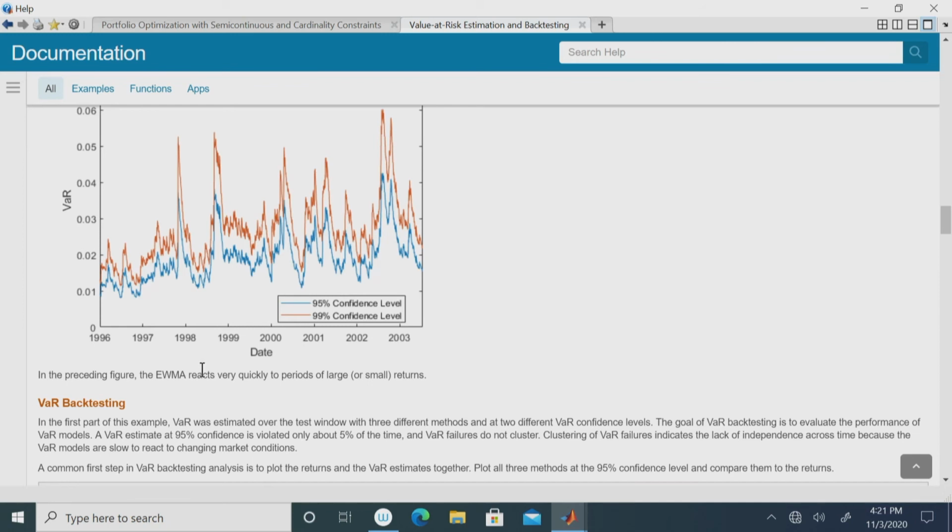So, suppose that I am considering a period of 2000 to 2020, I can make use of the period of 2000 to 2015 in order to make an estimation of VAR using the three approaches.